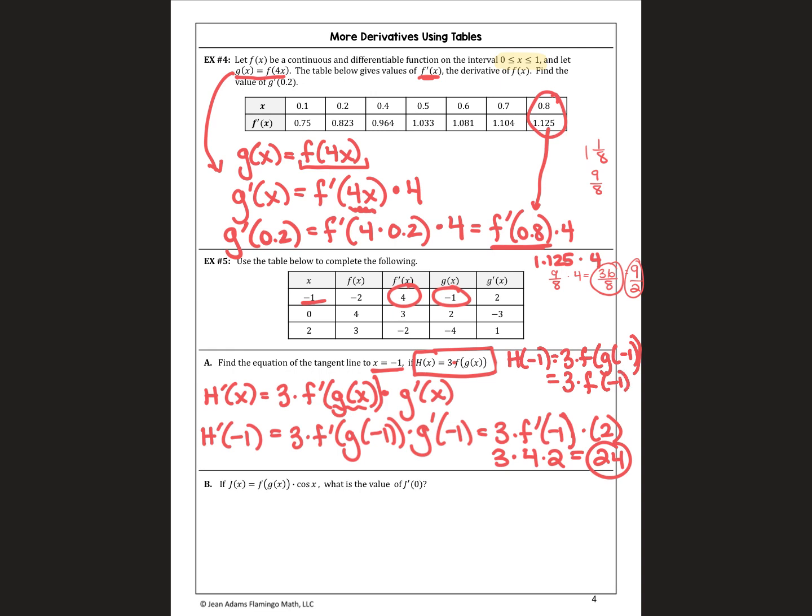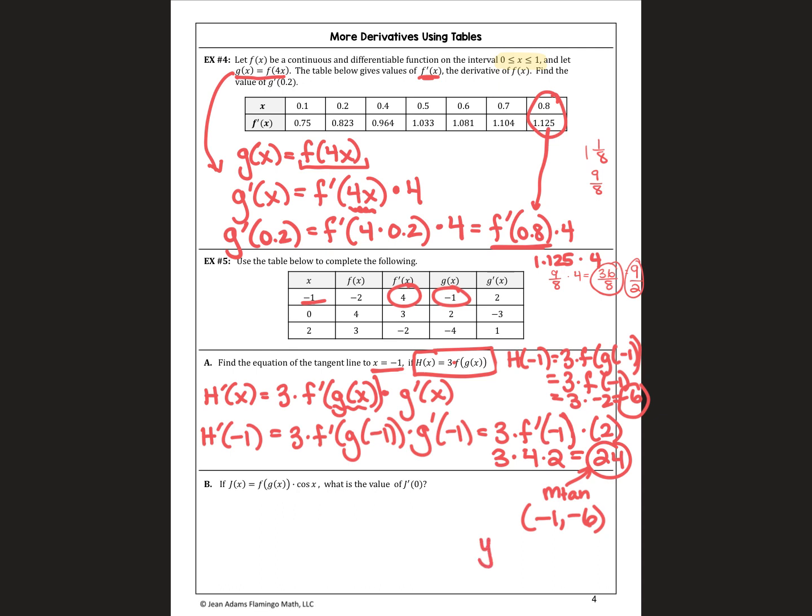F of -1 is -2. So we get 3 times -2, which is -6. So our slope of our tangent line is 24. Our point of tangency is -1, -6. Right? We got this right here. X is -1, y is -6.